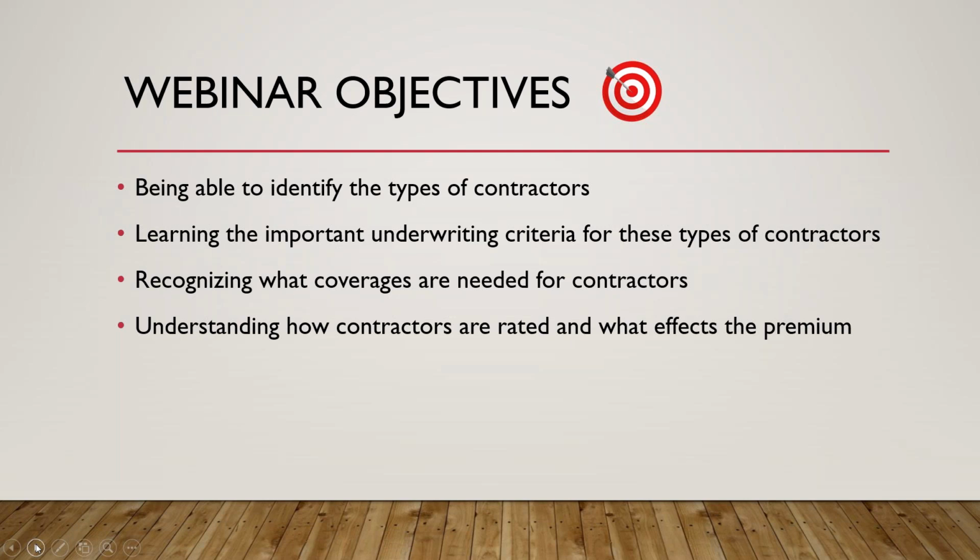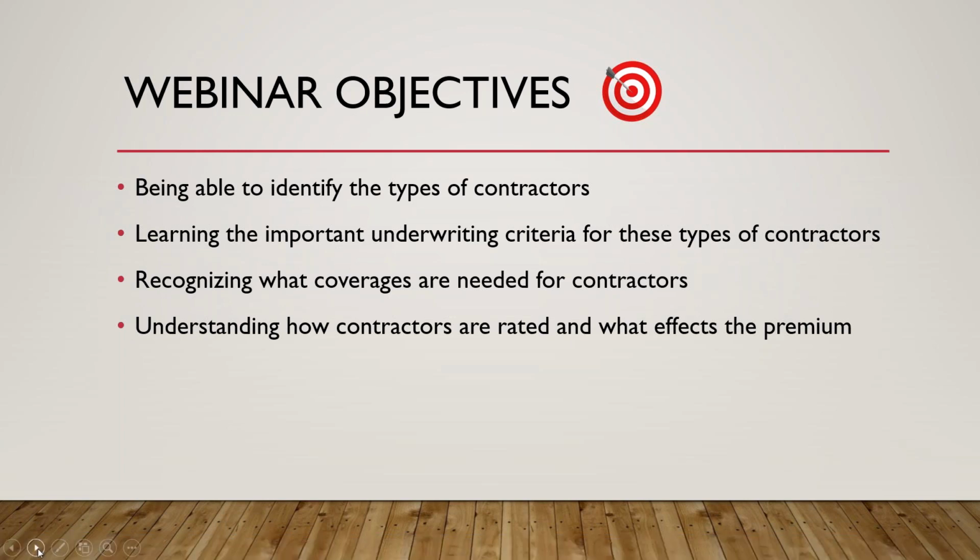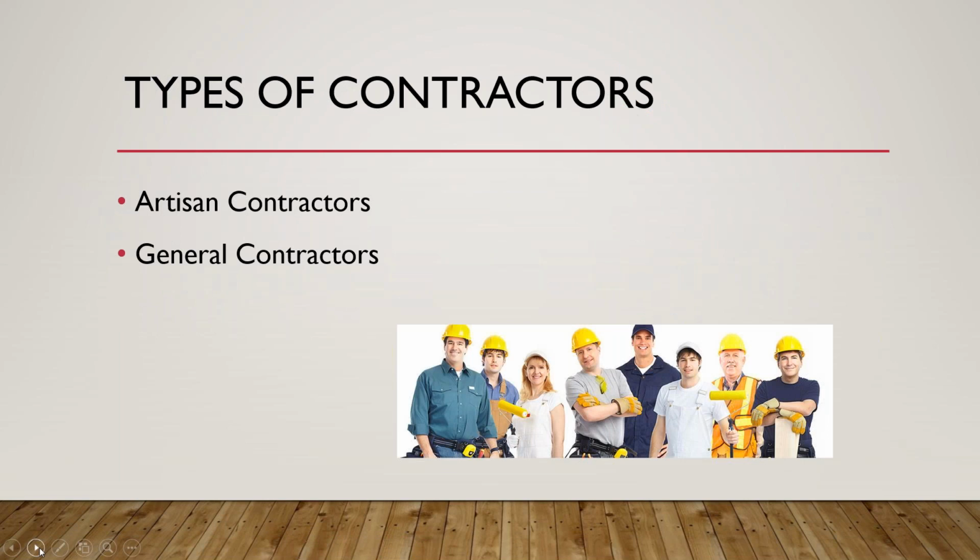That's an ever-changing situation, and each carrier could be a little bit different on what they're willing to offer. And then, how are contractors rated, and what affects the premium? So, without further ado, I'm going to turn this over to Pam to do a presentation.